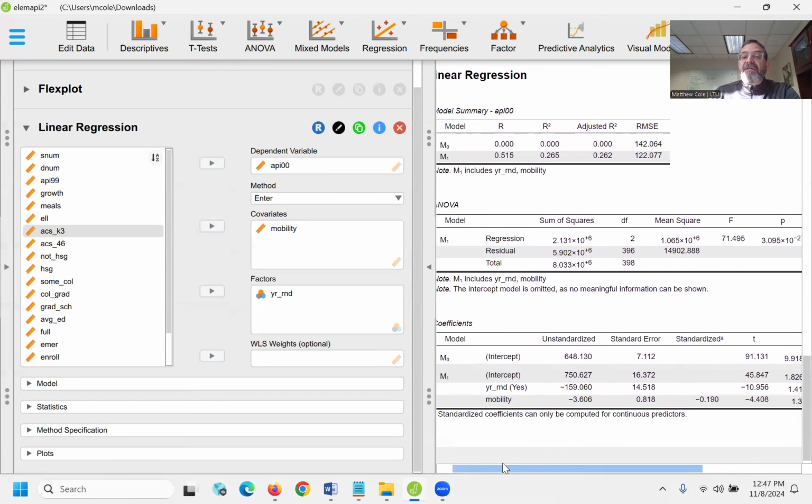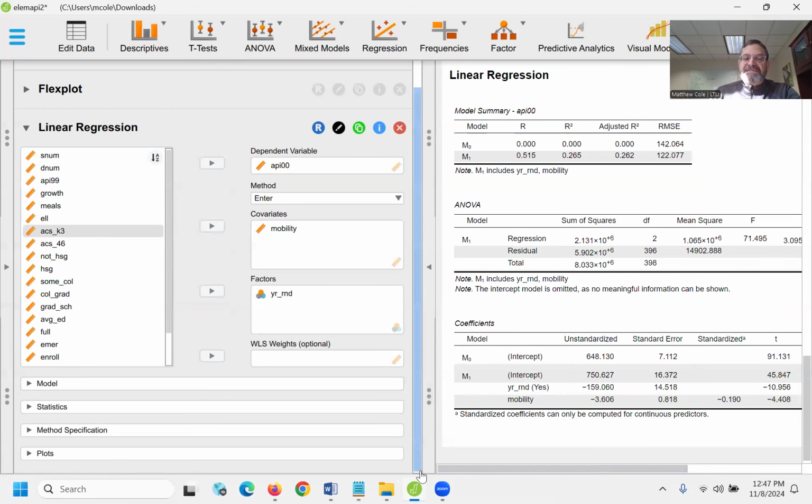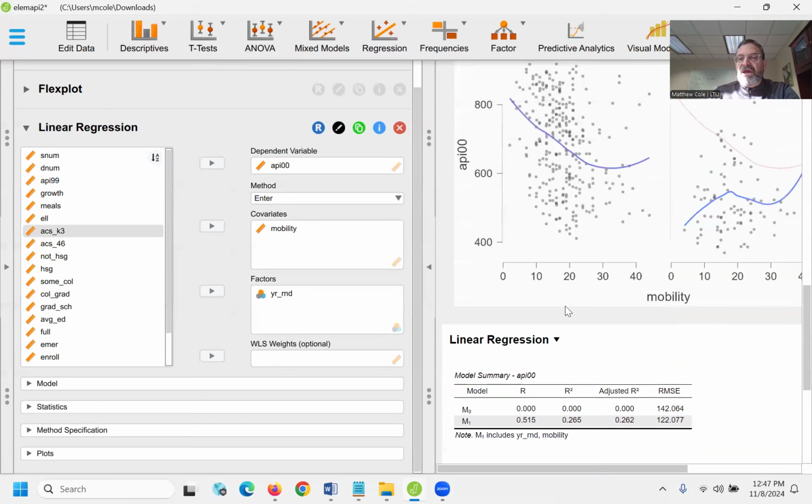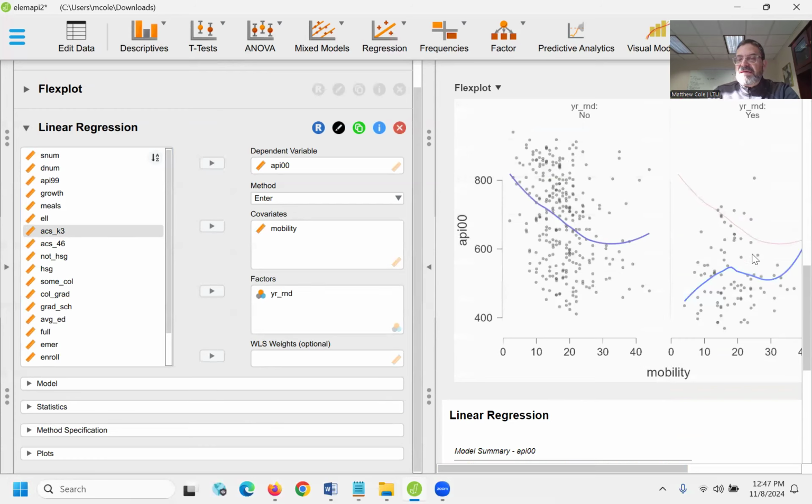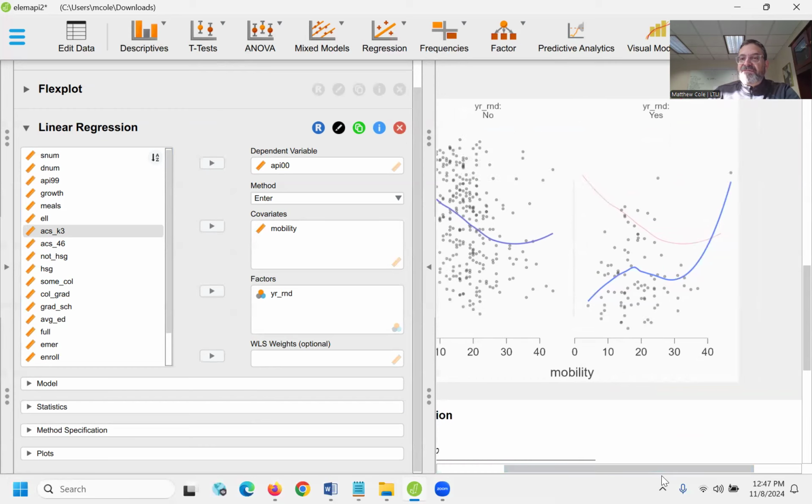and they're both significant. And now the question is, is that interaction that we see here really something that is significant? Is there something significant about year-round and mobility that can be really meaningful, or is this just what we're seeing visually because of a few outlier points?